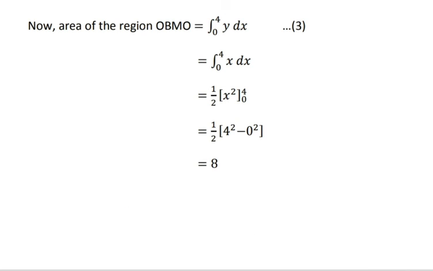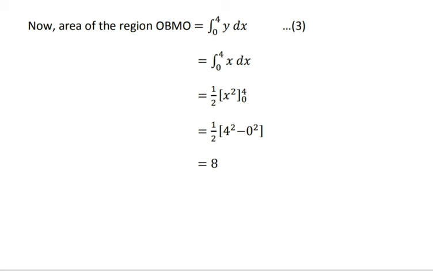The area of the region shown to you in yellow color can be found out simply by using the definite integral as integral from 0 to 4 of y times dx.